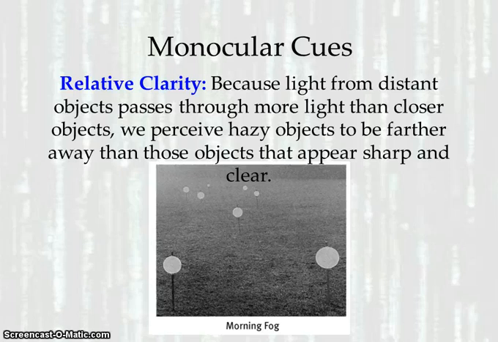If you think about if you've ever driven in fog or snow, the car in front of you appears farther away from your car than what it actually is. So this is just saying that things that are hazy appear farther away. That's why driving in fog is so dangerous at times.